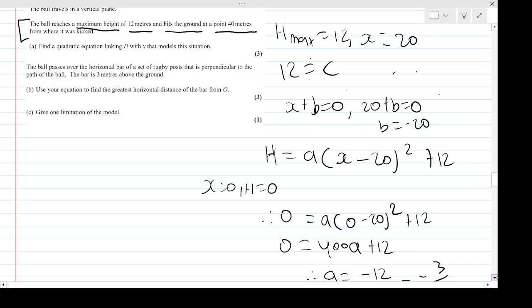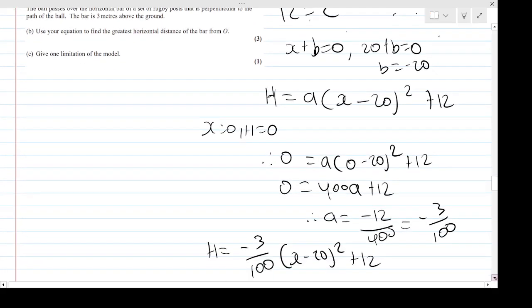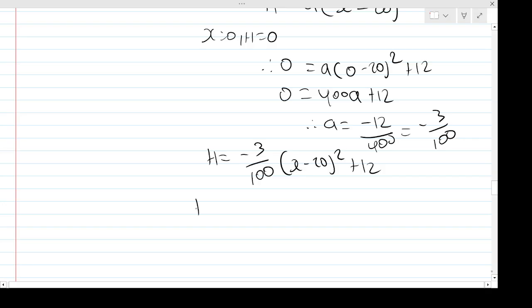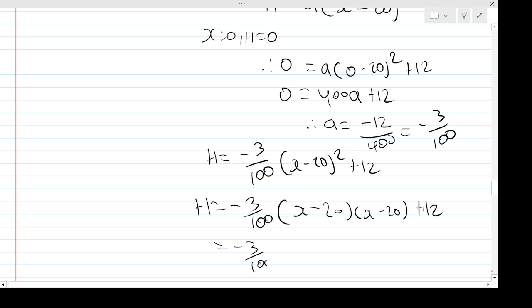Let's test our skills. If we expand this out, h would be minus 3 over 100 of x squared, remember x minus 20 squared, plus 12. If I expand this out, I'm going to get x squared minus 20x minus 20x, that would be minus 40x.